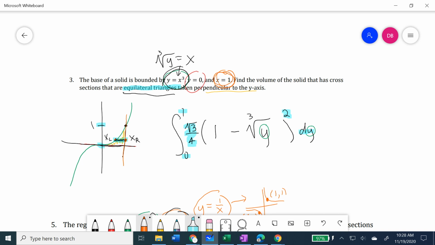The right x is 1. The left x comes from y equals x cubed, but I have to isolate that x to make it cube root of y, and that's what the left x is equal to, if I'm located at that particular y level.